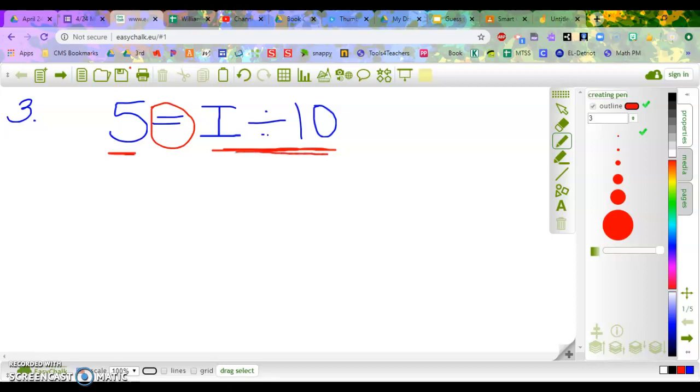So when I'm getting ready to write I divided by 10, I have to make sure the I comes first because the I is first here and then my 10. So here I'm writing I divided by 10. That's the first part. Then it is equal to this 5.